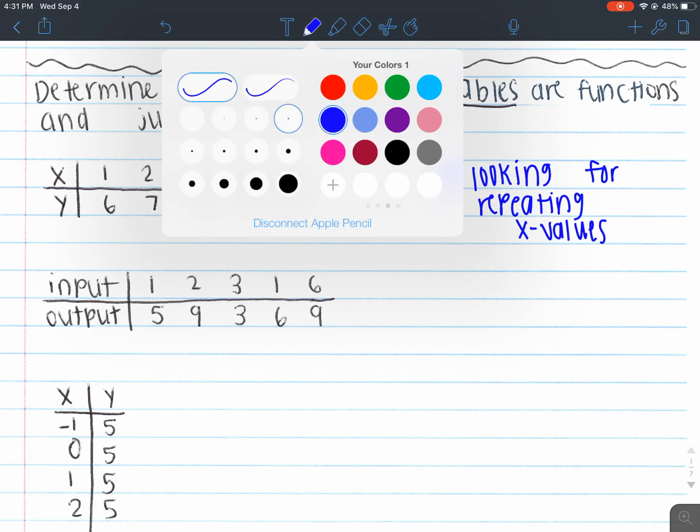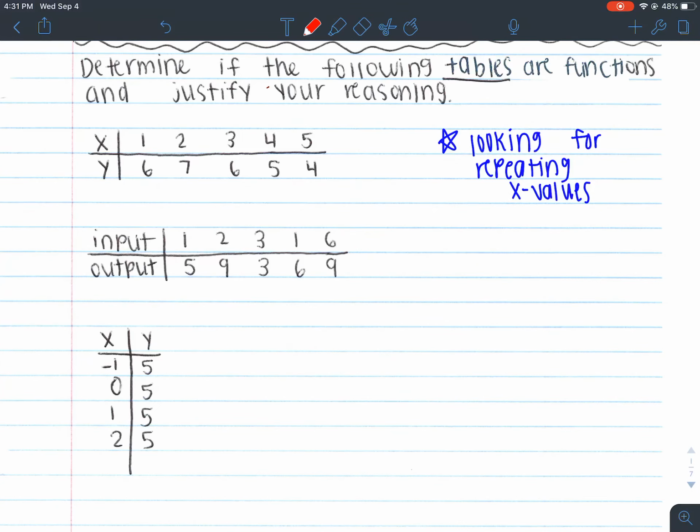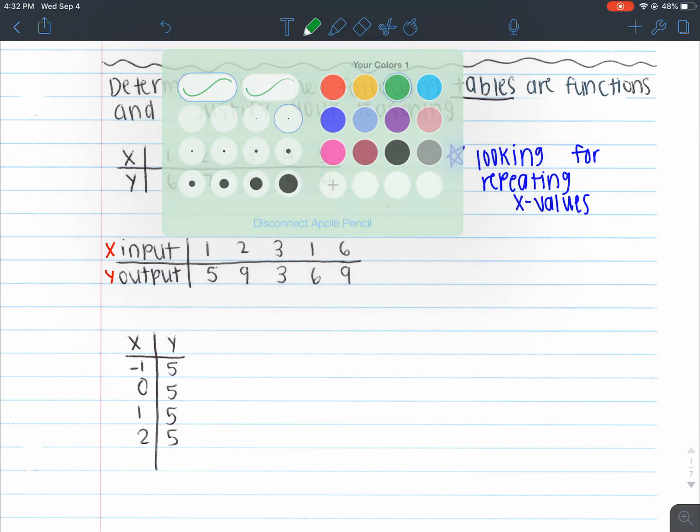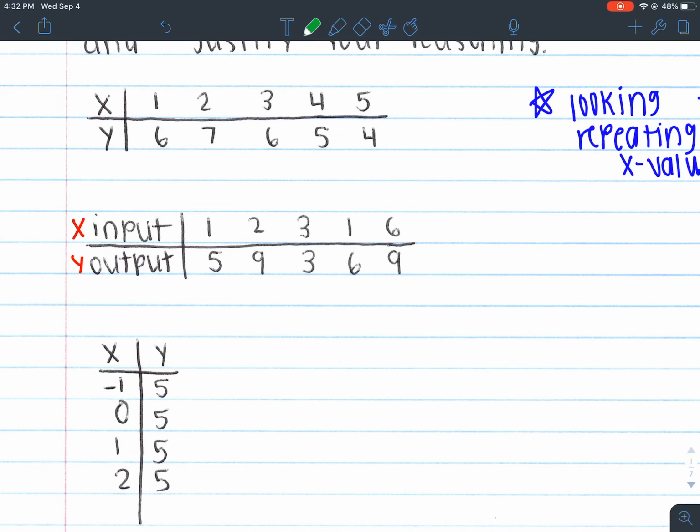First of all, I have three tables. I have an XY table that's horizontal, an input-output table that's horizontal, and an XY table down here that's vertical. But these are all the same thing. They're all still tables. Remember, input means x and output means y, so there's not much difference between these three tables, just the numbers.